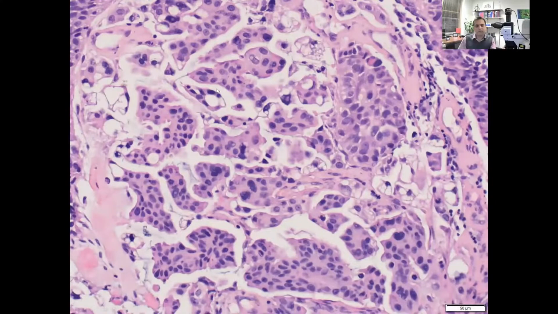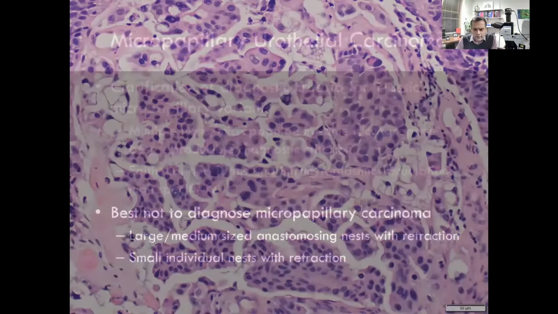Essentially, it looks like a small or poorly formed gland with a central cystic space surrounded by these epithelial cells. This is called an epithelial ring form. And then you can also see intracytoplasmic vacuolation that essentially looks like signet ring cells, right? So these are the features that are also highly specific for the diagnosis of micropapillary variant.